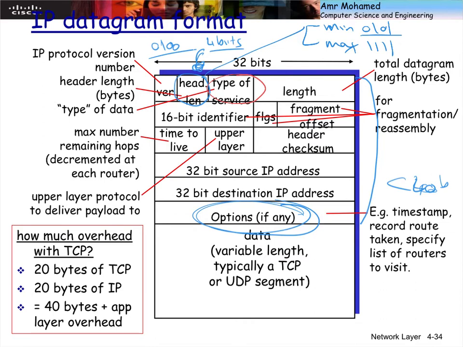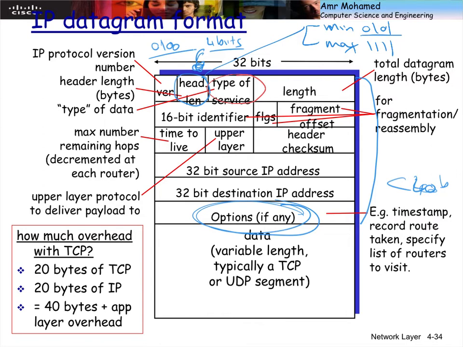Okay? So again, see how many imperfections. The header length is introduced because the header is variable, and it ended up that it's always 5 because the header length is always 20 and the options field is never used.